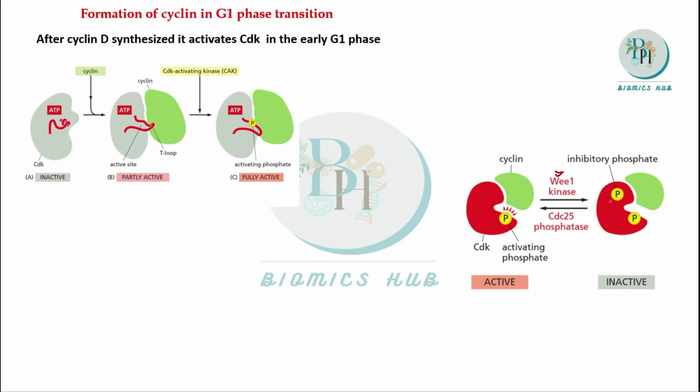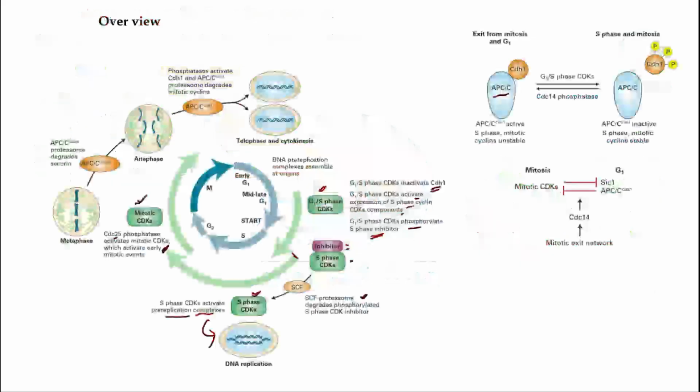So this inhibitory phosphate should be removed, and it is removed by the CDC25 phosphatase. Like the S phase CDK, which had an inhibitor, the mitotic CDK is also inactivated, and the inactivation is removed by the CDC25 phosphatase.